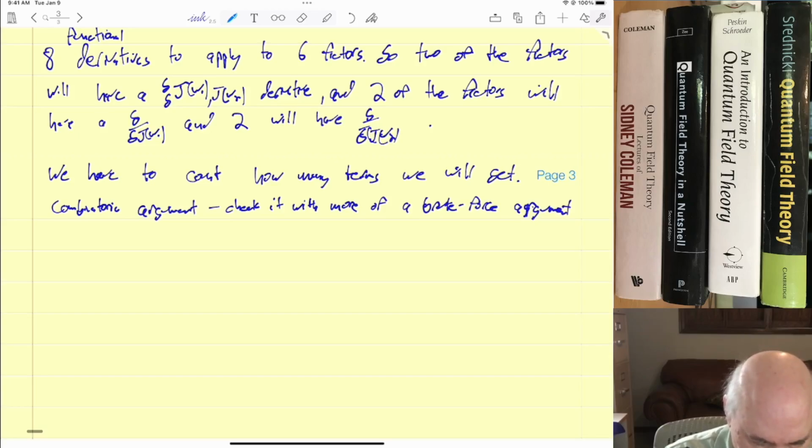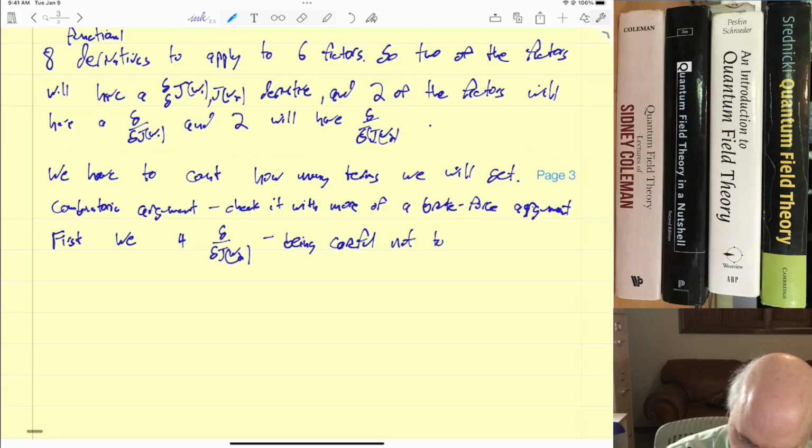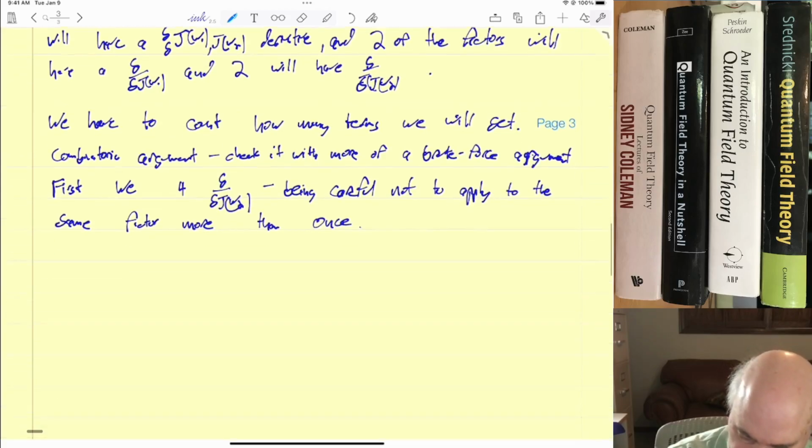So first we apply 4 del J W1 derivatives. Now we have to be careful not to apply to the same factor more than once, because otherwise we get a loop, we don't get a connected diagram.